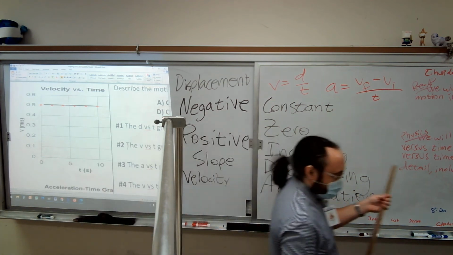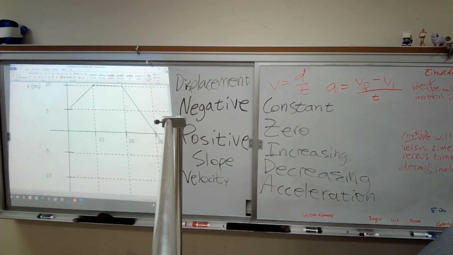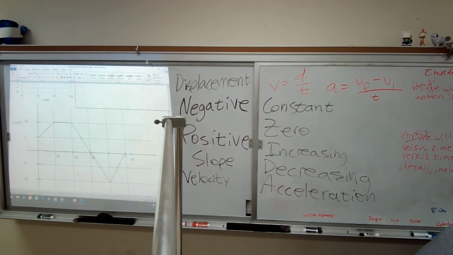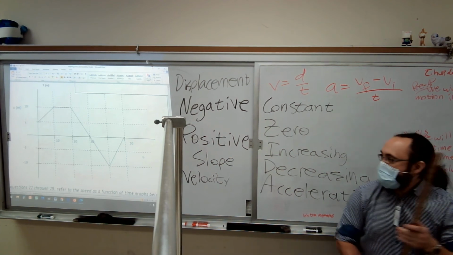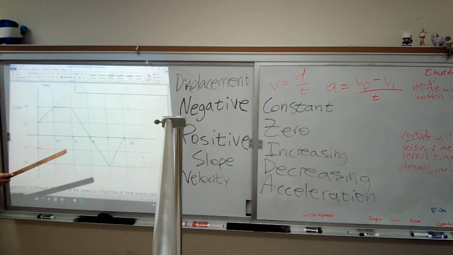Last thing I want to talk about before I turn y'all loose on the review here. We can get scrolled down here. So let's look at this real quick. This is time on the x-axis and meters up here. So it's displacement.